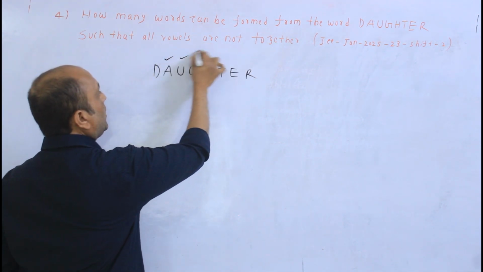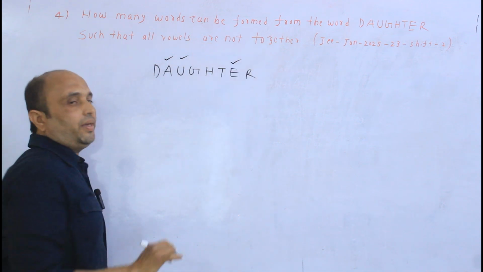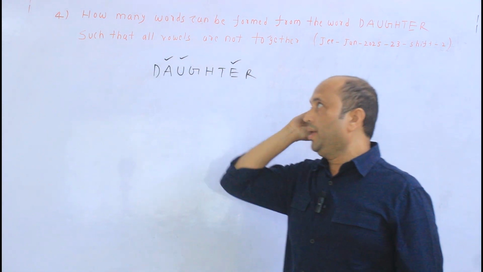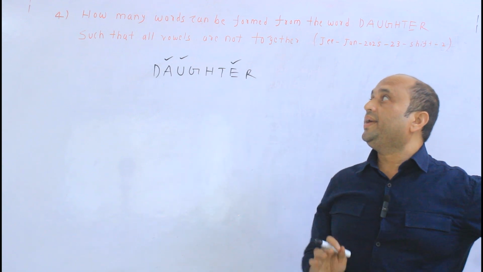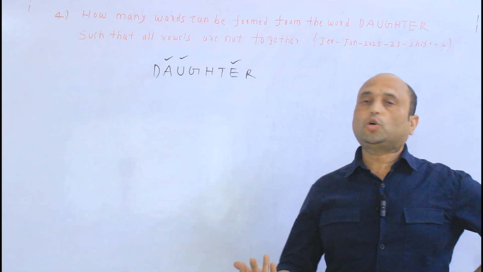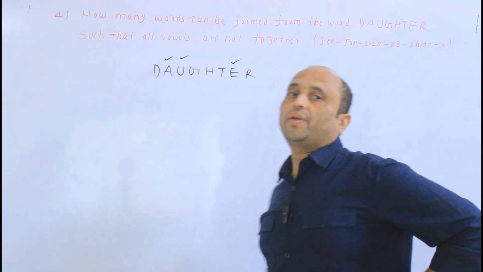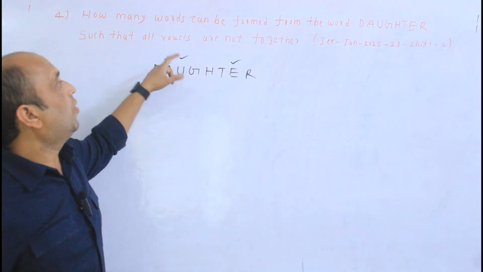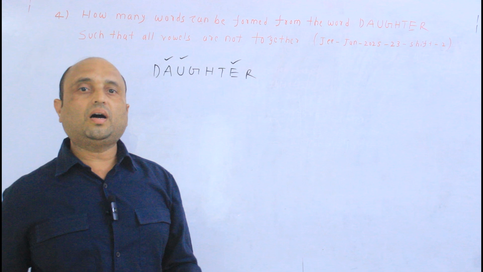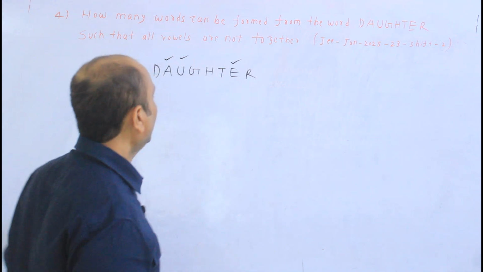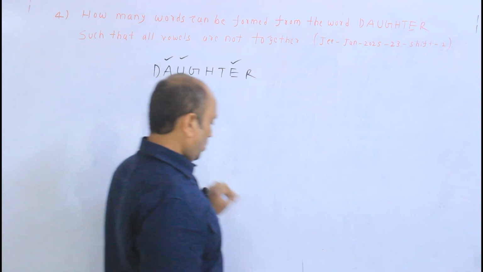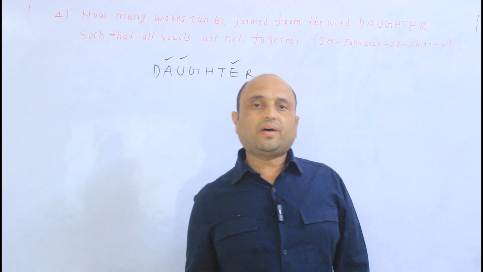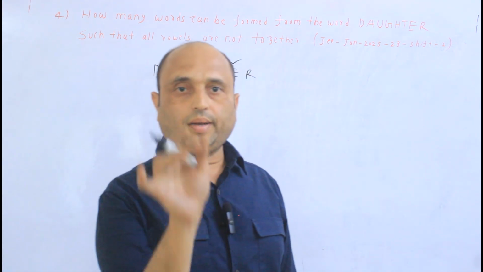Here A-E-I-O-U are the vowels. So the question is how many words can be formed from the word daughter such that all vowels are not together. First, find the total number of arrangements from the letters of daughter.